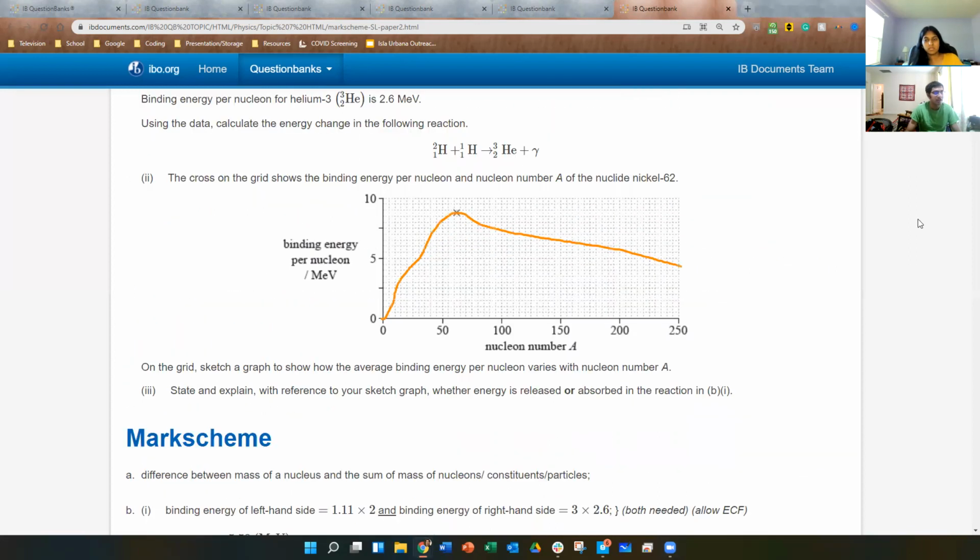Does it mean flatten out like that? I thought they meant it just can't go straight like that. I did something similar, maybe a little bit steeper. I think that's right.